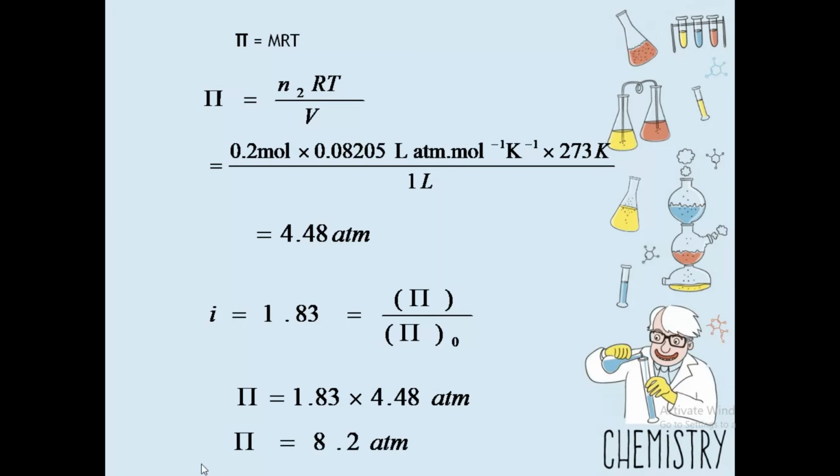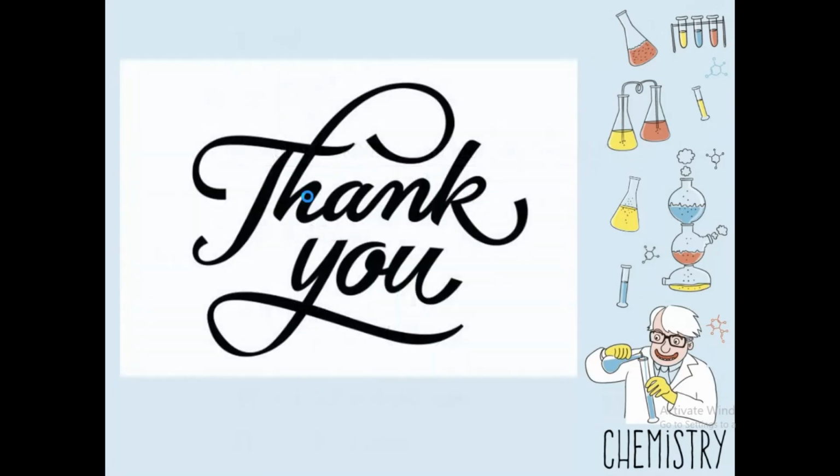After calculating, we get 8.2 atmospheric pressure. So using the Van't Hoff factor, we can find out the observed osmotic pressure using the theoretical, or calculated, value of osmotic pressure. Thank you.